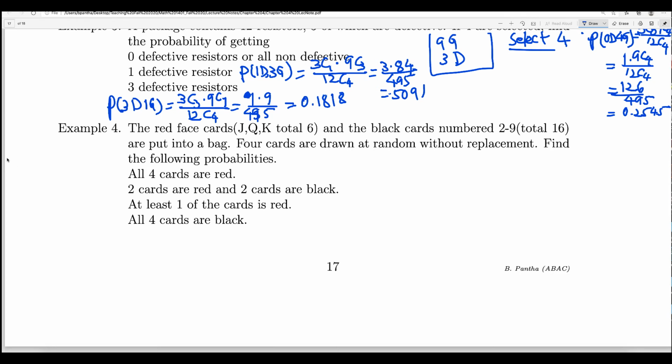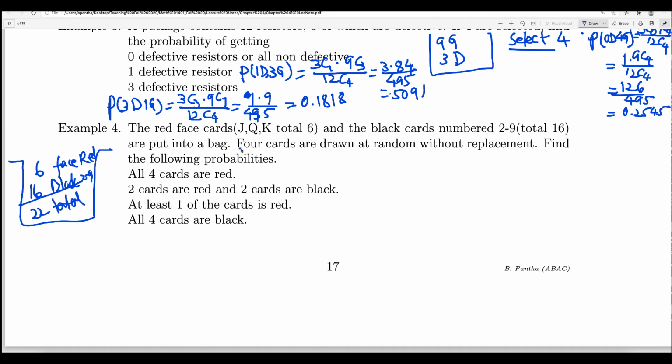So 6 red face cards and 16 black cards between 2 and 9. The total is 22, right?